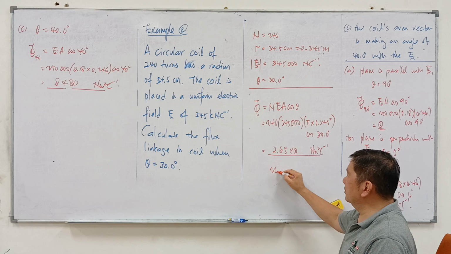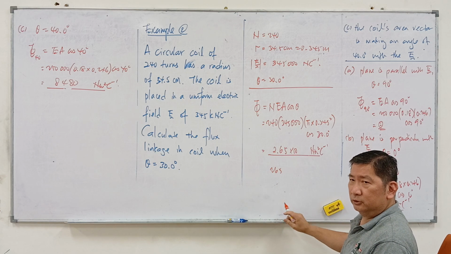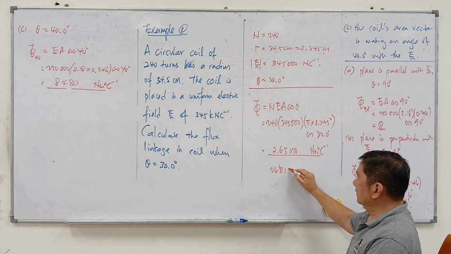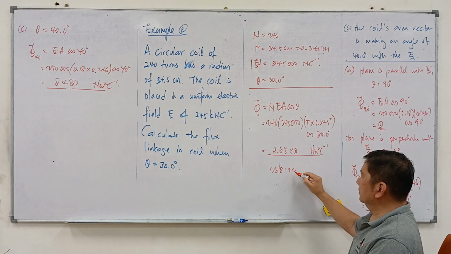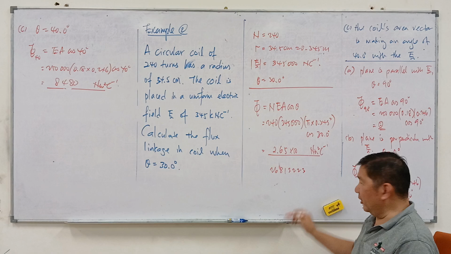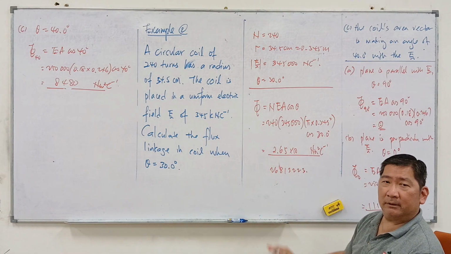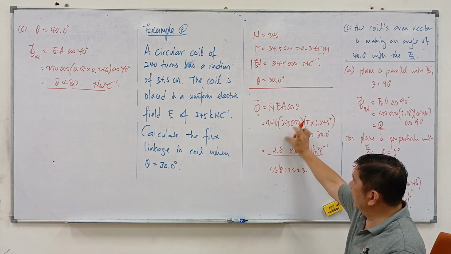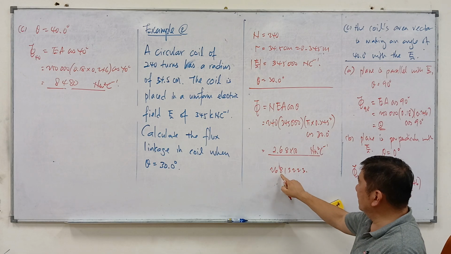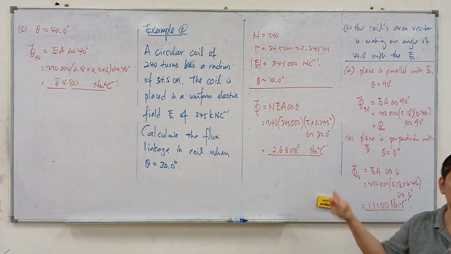Okay, forget about the point. 2.68. Then how come this one 5? 8 or 5? 8. Okay. 2.68 times 10 to the power 7. Correct? Okay.